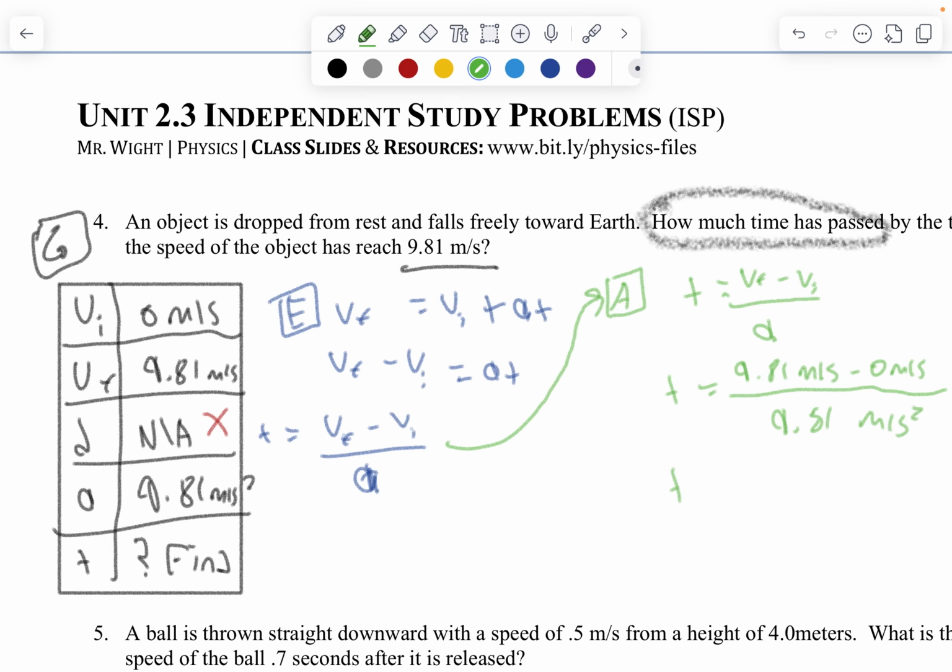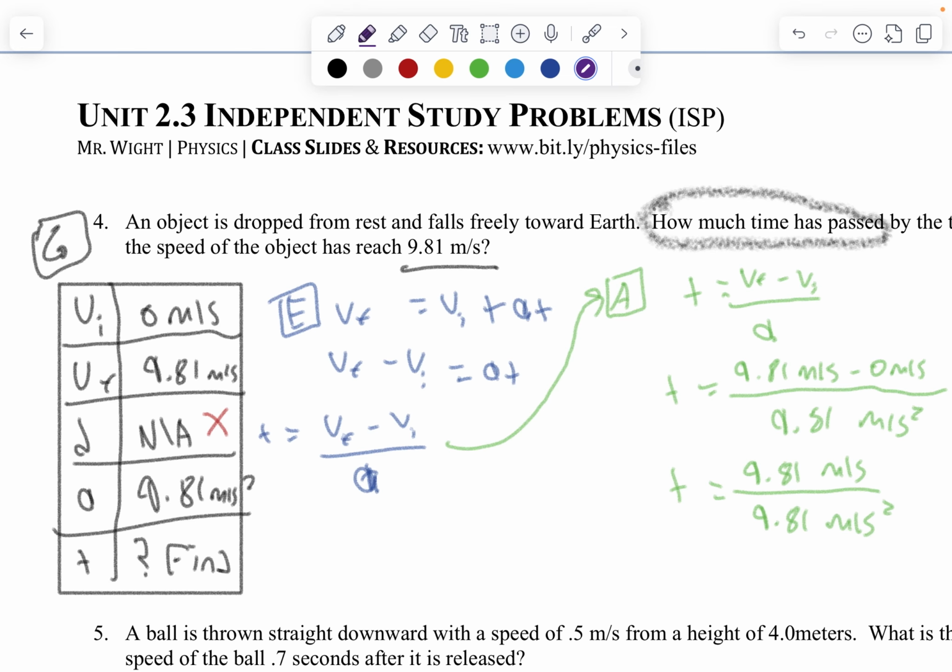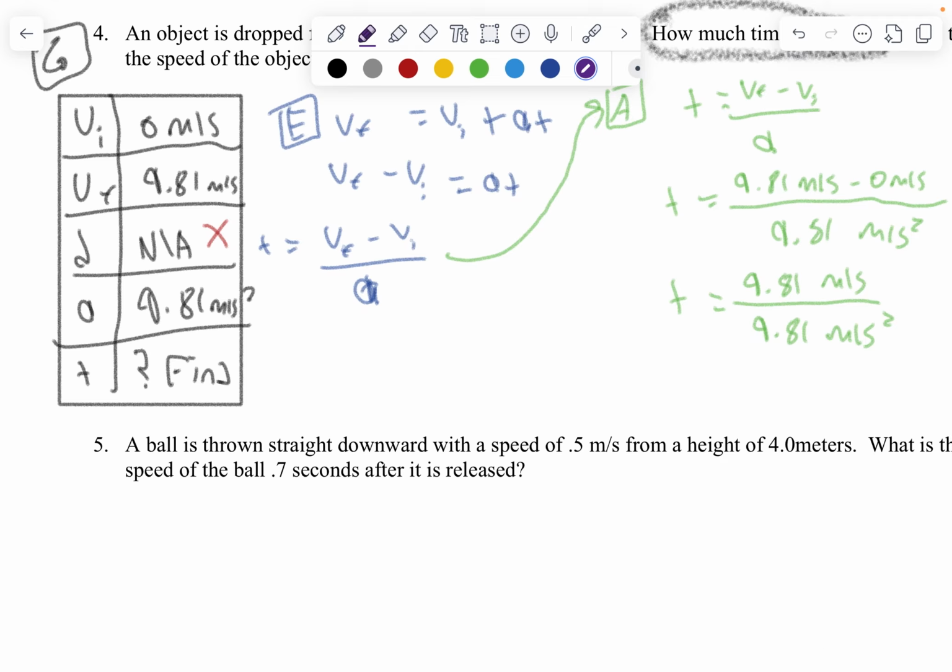And so that leaves us with time equals 9.81 meters per second over 9.81 meters per second squared. Then, remember, we're dividing the units and the values too. We're doing both of them. And so what's 9.81 divided by 9.81? Well, any number divided by itself is 1. And so time equals 1.